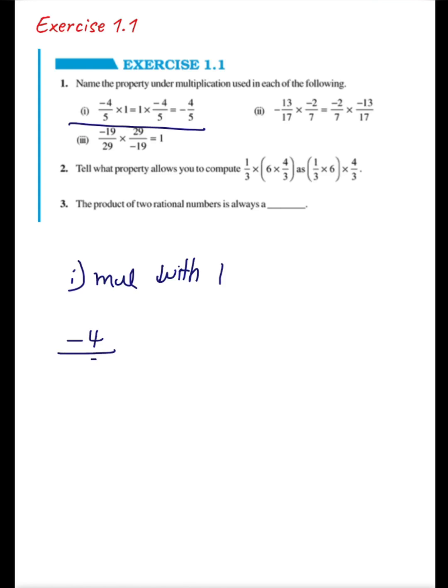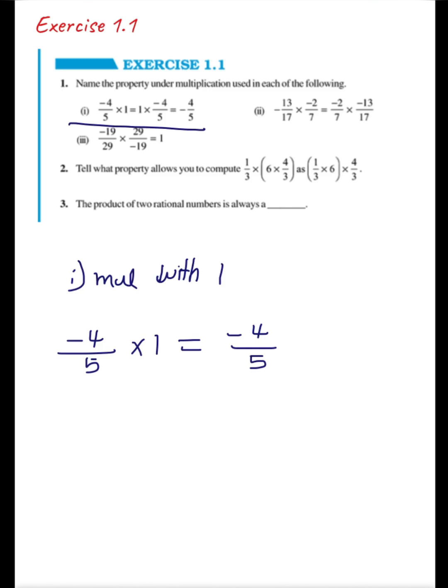You are multiplying minus 4 by 5 with 1 and you are getting the same result, minus 4 by 5 itself. What property are you using here? You are using the property of multiplicative identity. So the answer for the first question is multiplicative identity. You have studied that one is the multiplicative identity, so you are using the same property here.